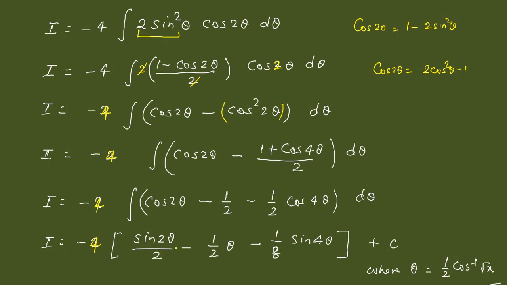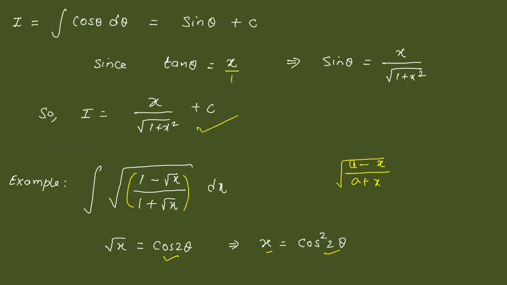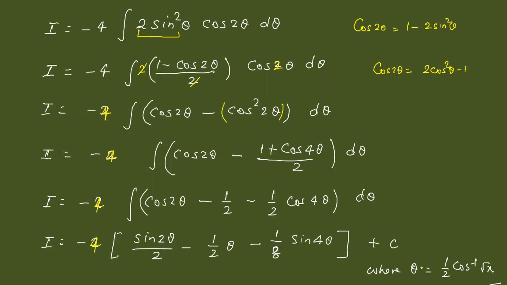And you know that this is the answer in the form of theta. So you can also write that theta is half cos inverse root x, because we have taken this. You can see that here actually this x was cos square 2 theta. So when you find this 2 theta, that will be cos inverse root x, and so theta will be half cos inverse root x, and keep this answer as it is.